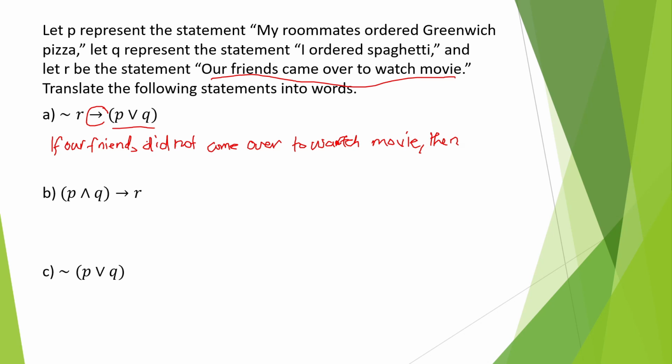My roommates ordered Greenwich pizza, or this one is the statement of or. Okay, this one is our or. What is our Q? Our Q is I ordered spaghetti.